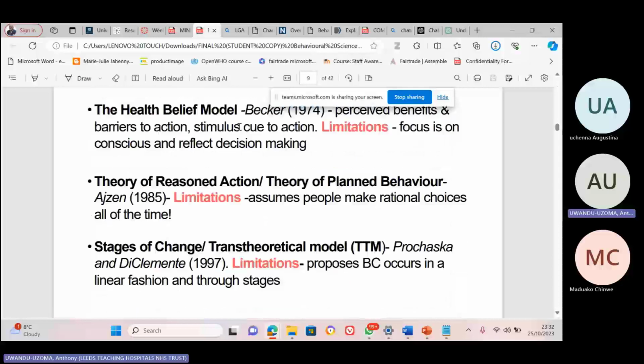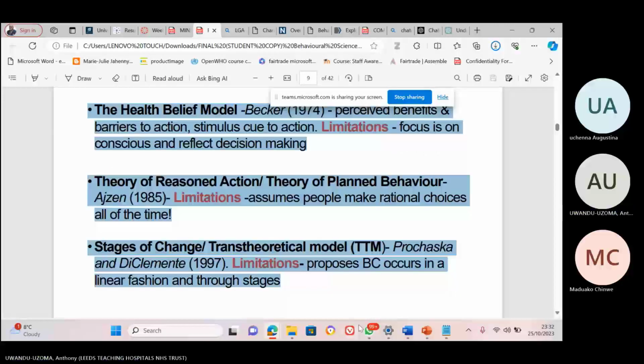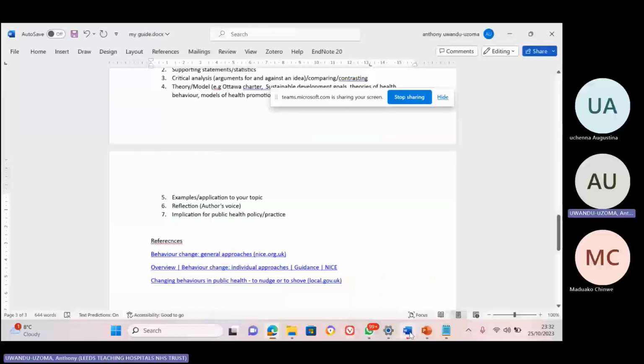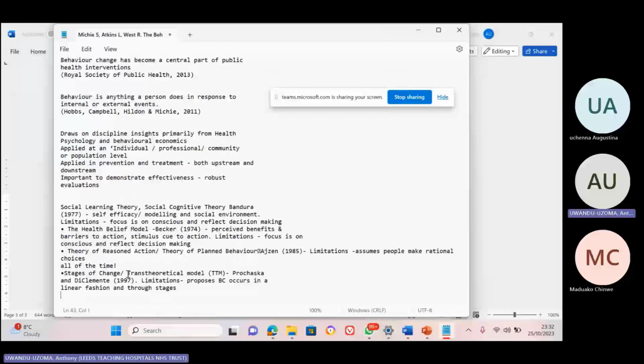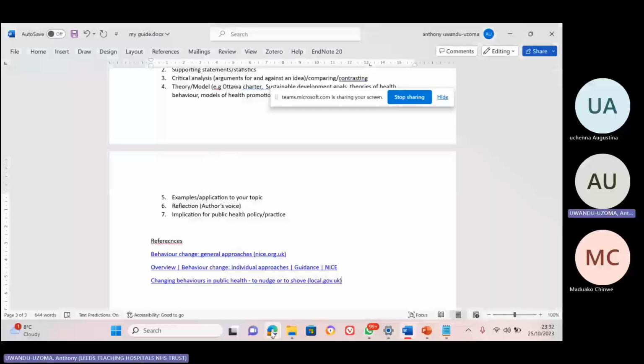I need to read it. So all these theories, I need to read them. I have 4 theories that I need to read and master. I'm going to put it down as part of the things I need to read. These are the theories that you can use to support your arguments in future when you're writing your essay.